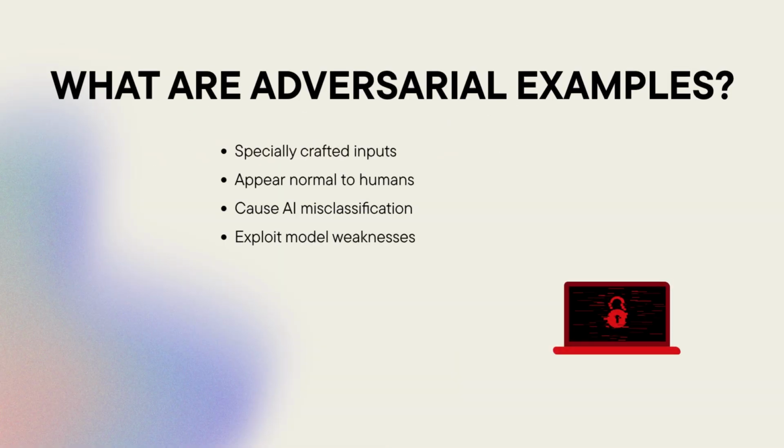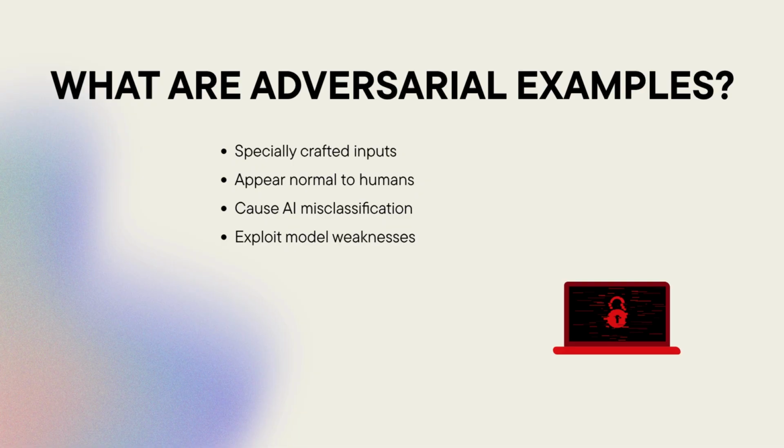All right, so what are adversarial examples? Adversarial examples are inputs that have been intentionally modified in subtle ways to fool an AI system. To a human observer, these modifications are almost invisible. The input looks completely normal.